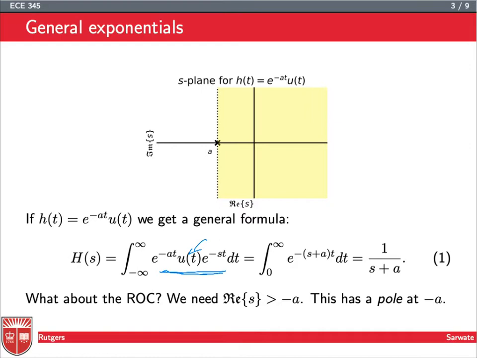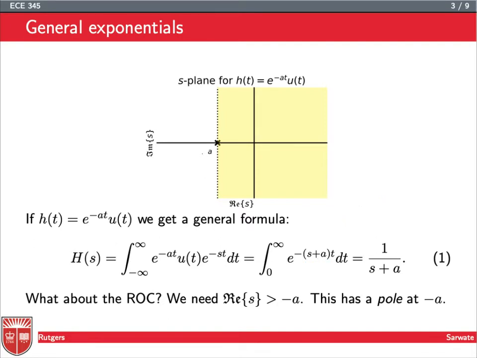This u of t is going to make this integral go from 0 to infinity. And then we gather these two exponents over here, and so we get e to the minus (s plus a)t dt. And here, in order for this thing to converge, we need the real part of s to be greater than minus a.